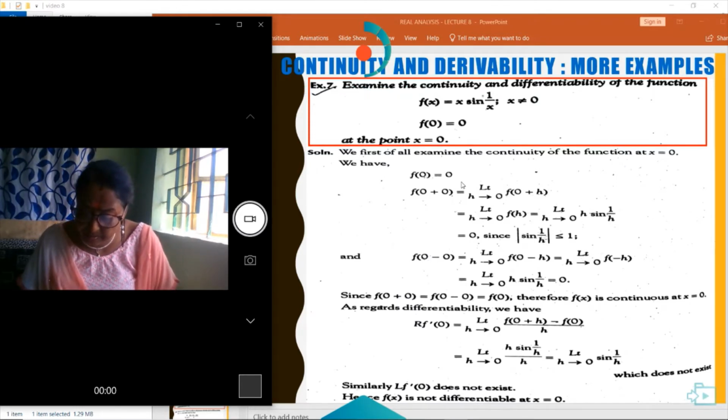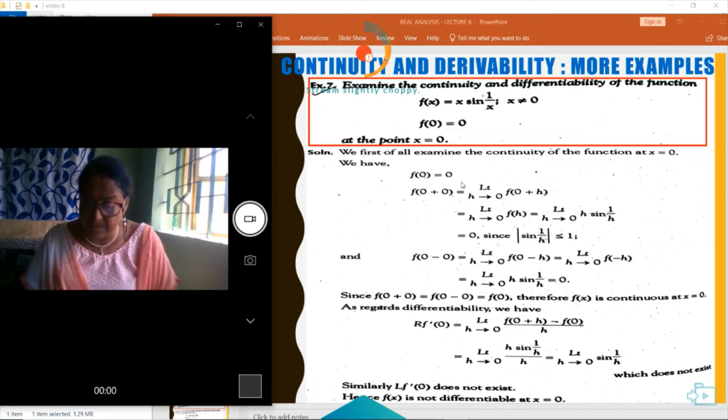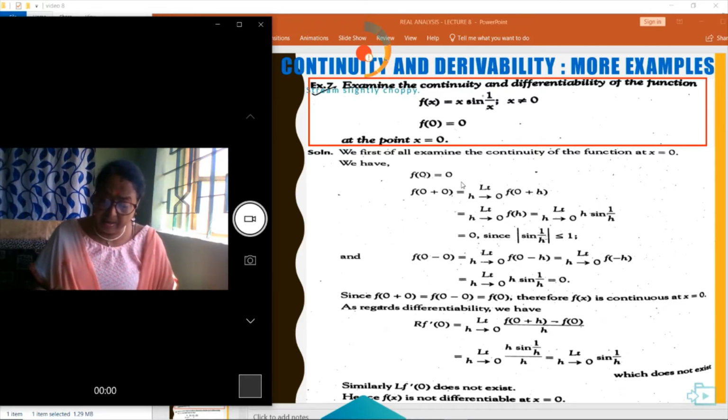We are to find the continuity of the function at x equal to 0. f(0) is equal to 0 as given, and f(0+0), that is, when x is not equal to 0, the function is x sin(1/x).